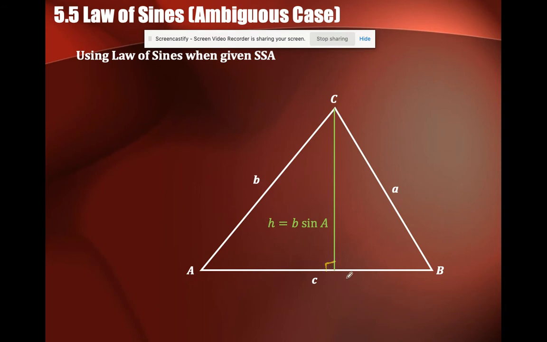The minute I make a right triangle, this angle here, angle A, the sine of angle A is the opposite over the hypotenuse. Solve that for h and you get b times sine of this angle here. So the length of that green height is b times sine of A.